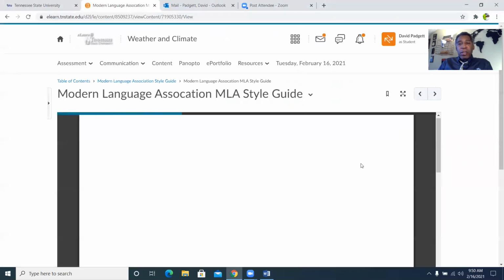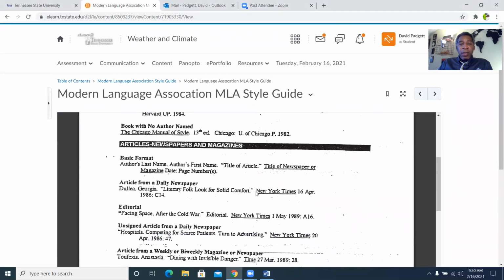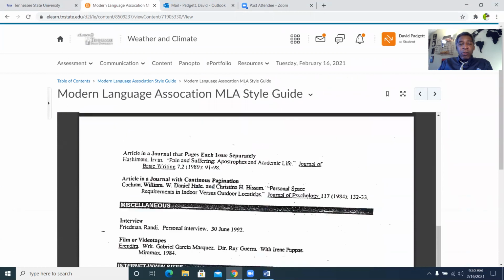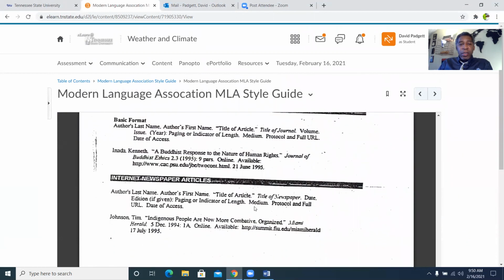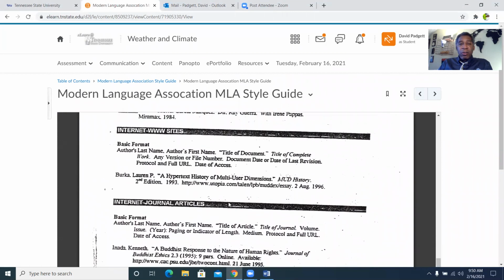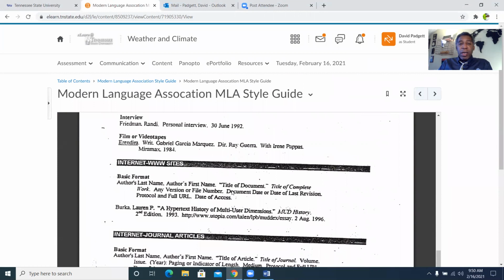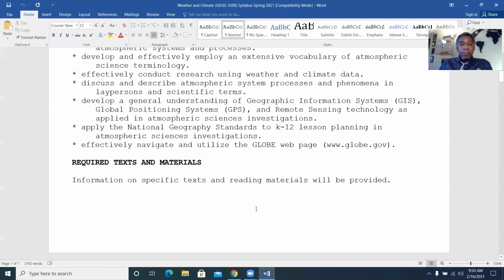If there's any confusion about how to cite any kind of article, most of you will find articles online, and there are ways to cite online newspaper articles, how to cite online journal articles, and if you just find a website, how to cite that. So you include a citation.